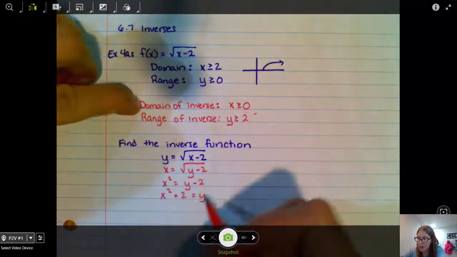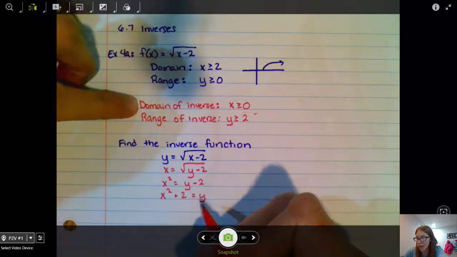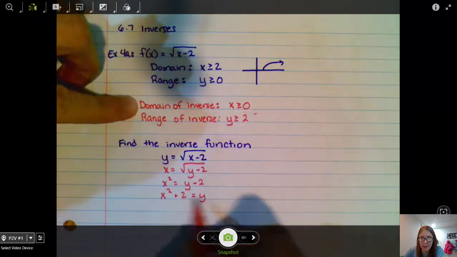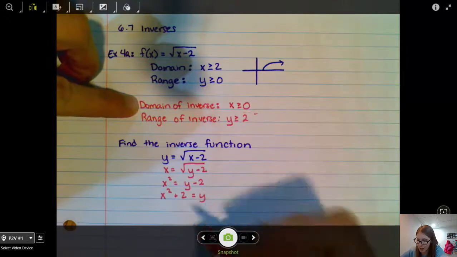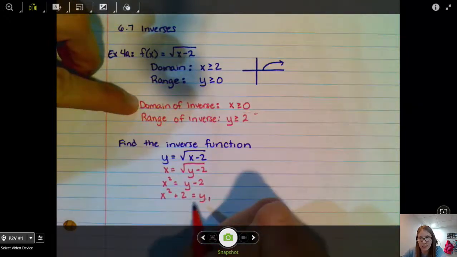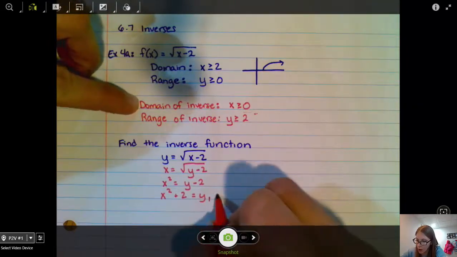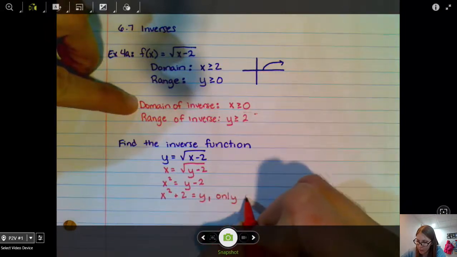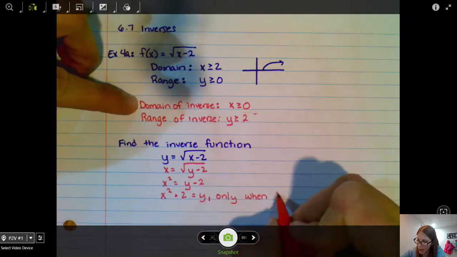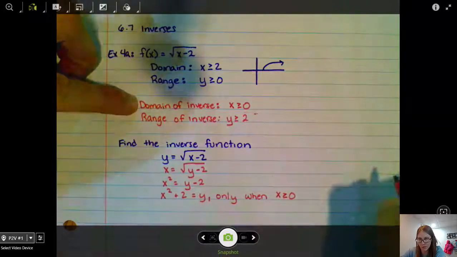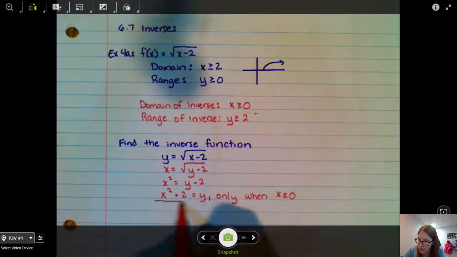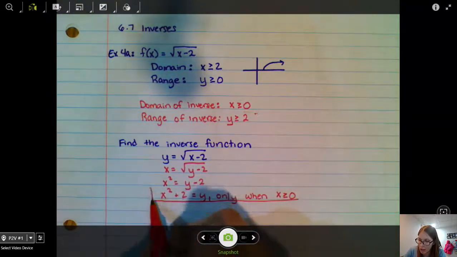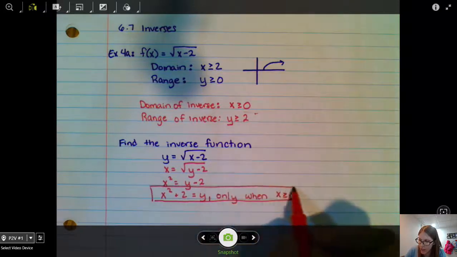Okay, so we have to do something called restricting the domain. Even though we get that this is the inverse, we have to say that this is my inverse only when x is greater than or equal to 0. Okay, so I'm looking at this parabola still, but just really the right side.